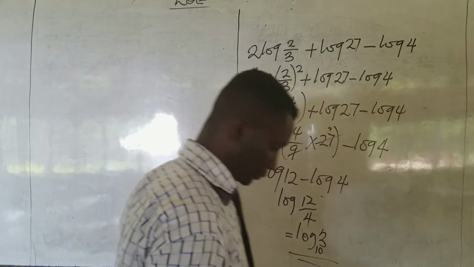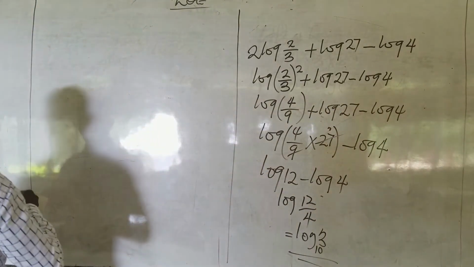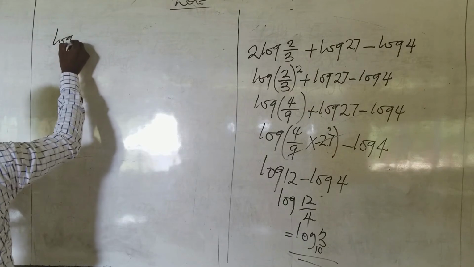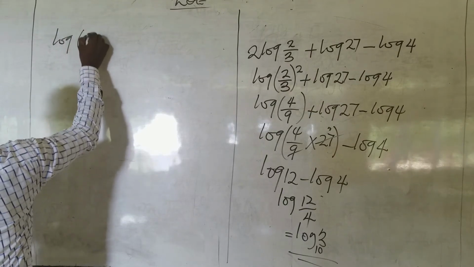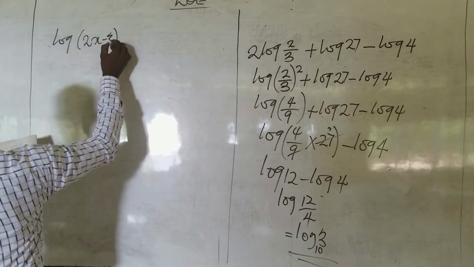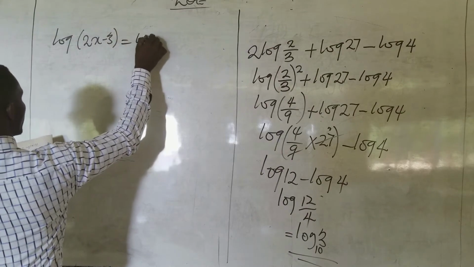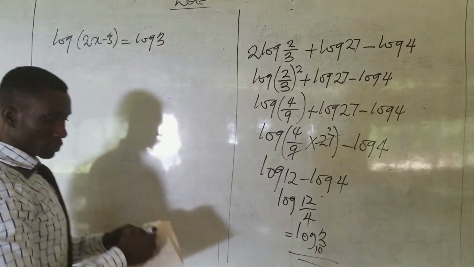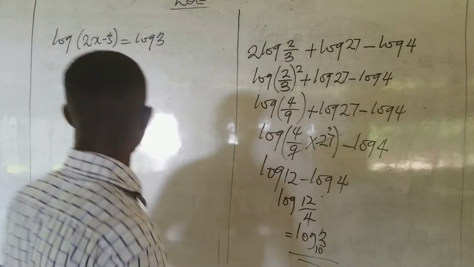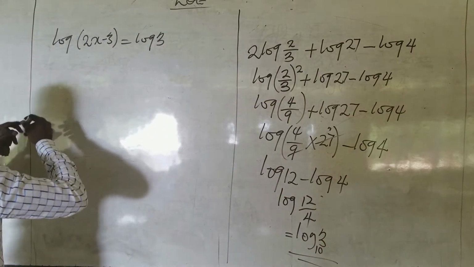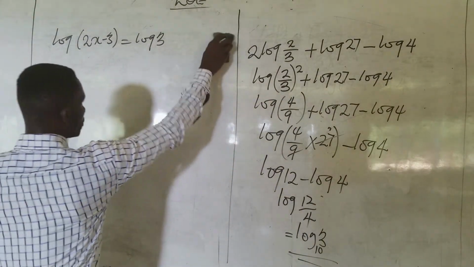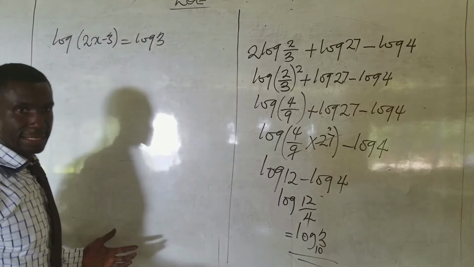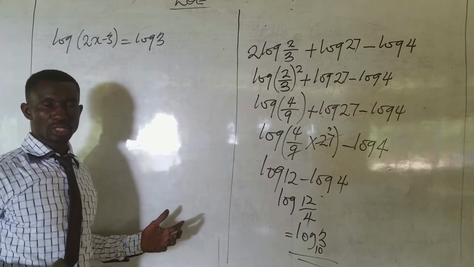So if you have log of 2x minus 3 is equal to log 3, how do you solve this? We have several ways of killing a cat, but you should know that cat is a very dangerous animal.